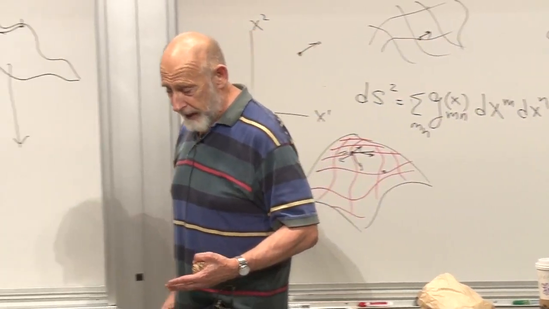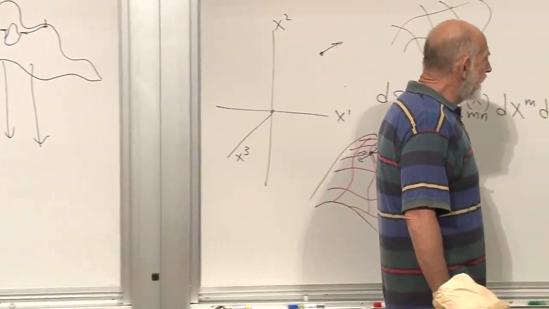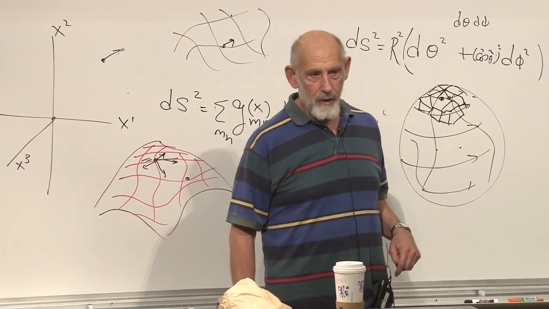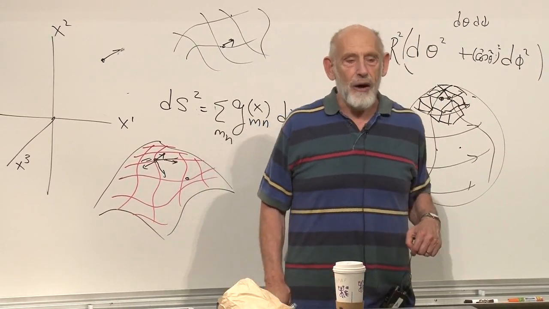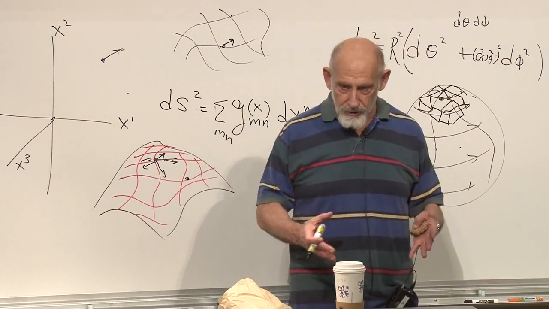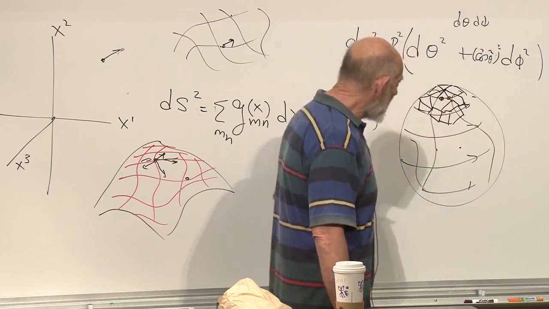Such a surface is not flat. So the question is, if I gave you the length of each little stick here, without building the thing, how could you tell me whether it's a flat space or whether it's an intrinsically curved space that cannot be flattened out and laid out on a flat plane?